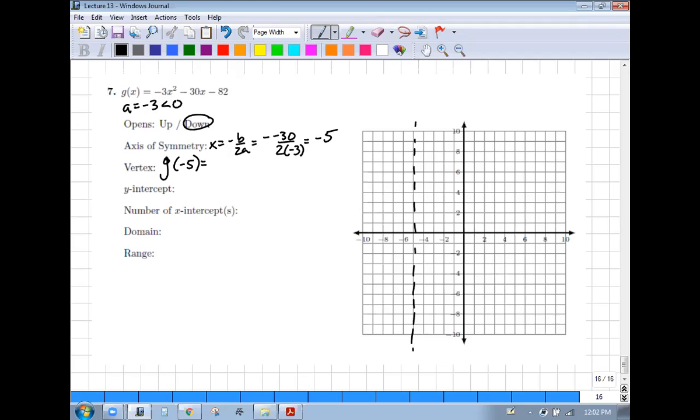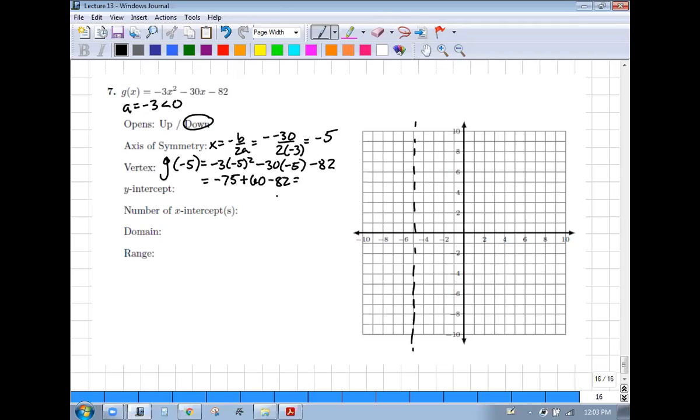So we get -3 times (-5) squared minus 30 times (-5) minus 82. So we have, let's see, (-5) squared is 25 times 3 is 75. We have plus 60 minus 82. What is this number here?